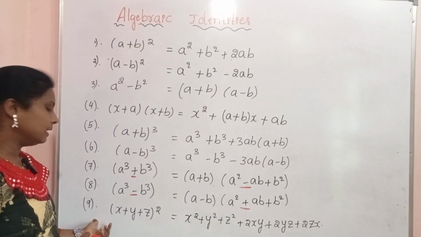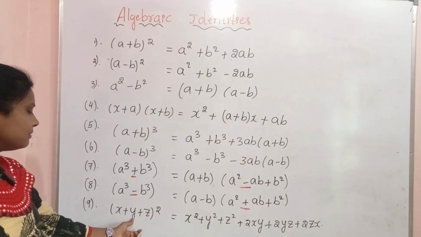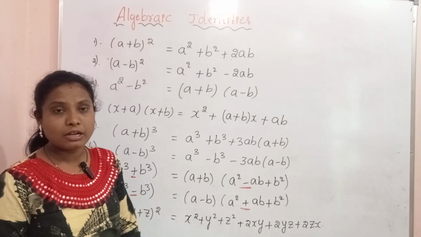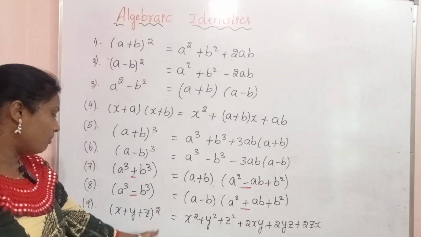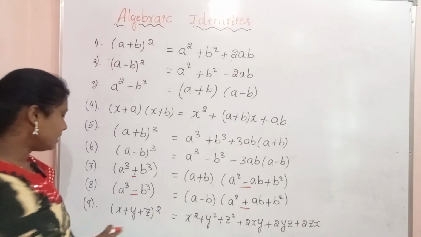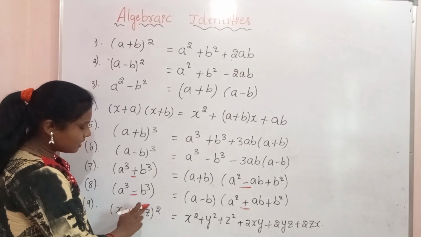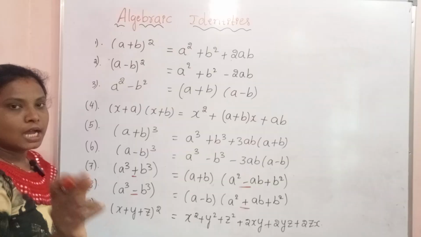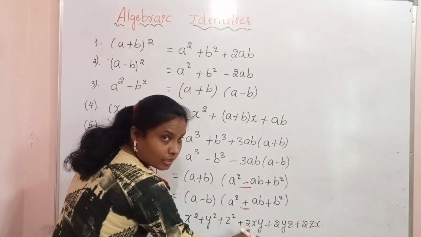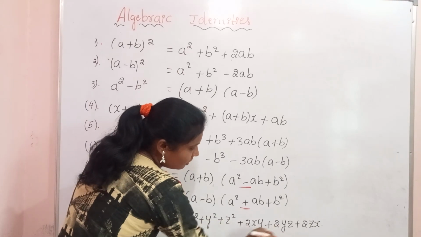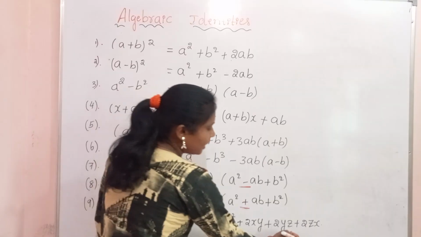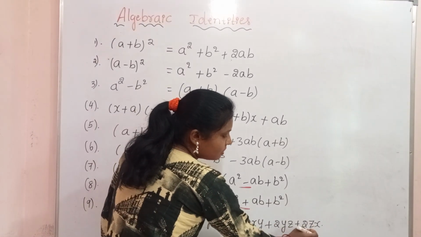Next, the last identity, (x plus y plus z) whole square. Instead of x, y, z, you can take a, b, c also, no problem. So, x plus y plus z. First, you have to write x square plus y square plus z square. Afterwards, 2xy, 2yz, next plus 2zx.